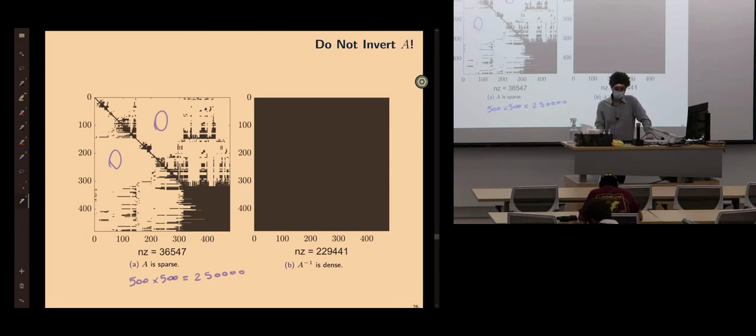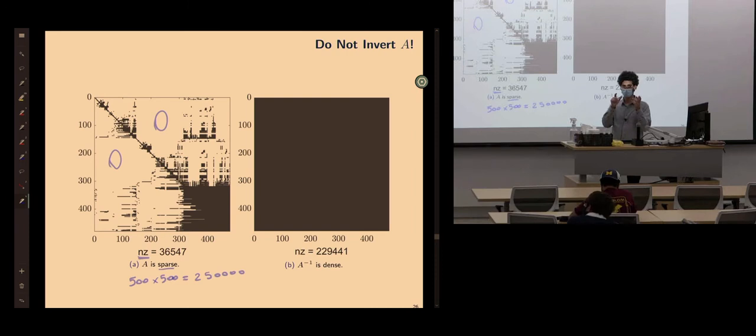So 250,000 entries in this matrix. Many of them are zeros. The number of non-zeros is 36,547. So most of the matrix is zero. This is A, and it is sparse. Now we have sparse matrix libraries to store these in memory. For sparse matrices, it is sufficient to store the address of that number and its value.